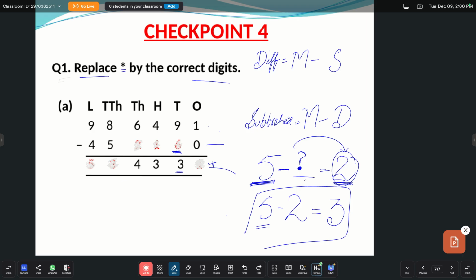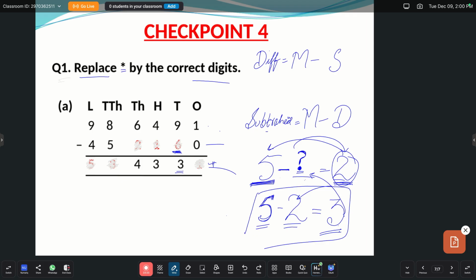So total number of apples was 5, let me subtract the leftover apples. It will give me the taken away apples. So always remember, for finding the subtrahend, you will subtract difference from the minuend.